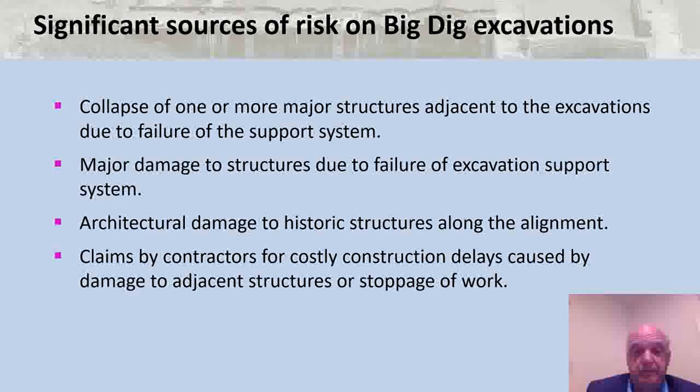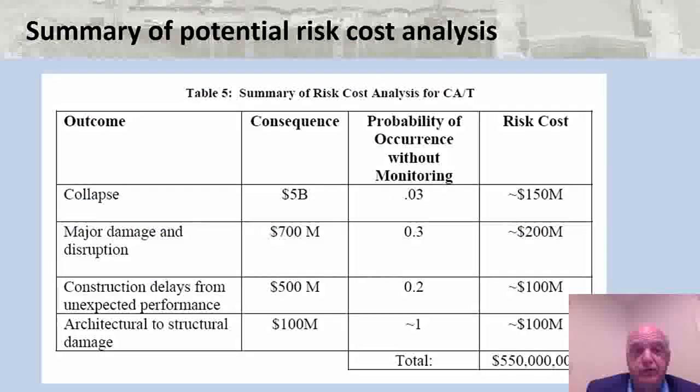throughout the system. So I put together a risk register of some of the major risks in this case in a retrospective some years ago. These 4 major performance potential failure modes that I identified in the previous slide, what the consequence might be, and this is just looking at monetary, not at life loss, the probability of an occurrence of each one of these, and then an estimate of the risk cost being the consequence times probability.